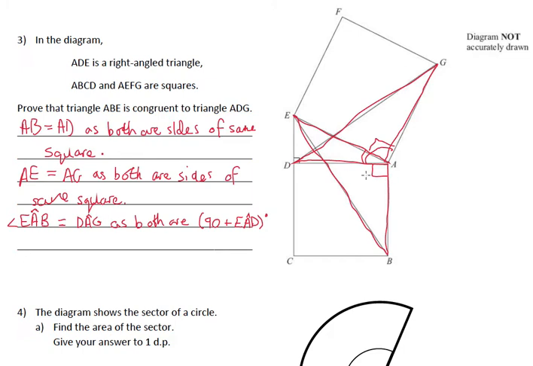And now that we've shown that two sides and the included angle are all the same, we've proved that those two triangles are congruent.